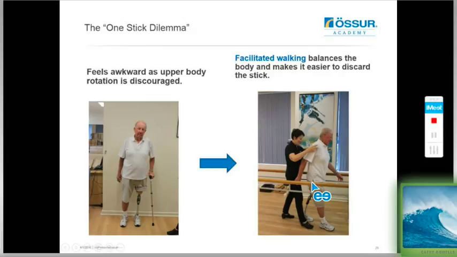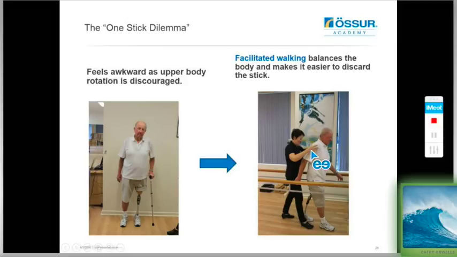And the way that I go from here to here is via a technique called facilitated walking. What I'm doing is getting the patient to contract their core and glute muscles strongly, focus on just walking and taking even steps with their feet. And I'm cueing upper body rotation with my hands.